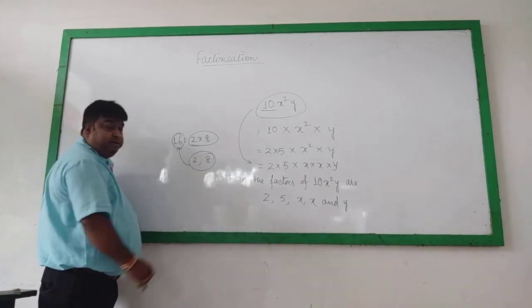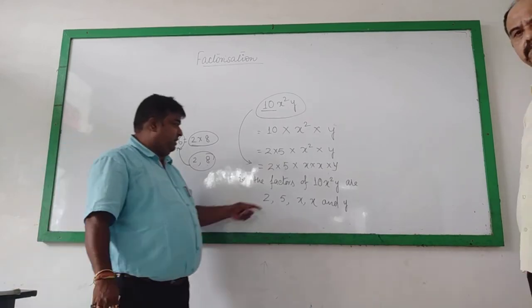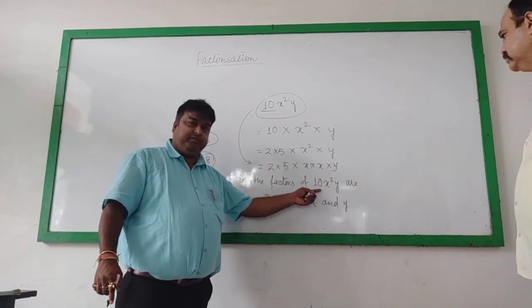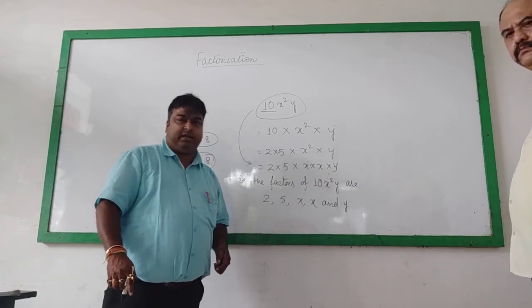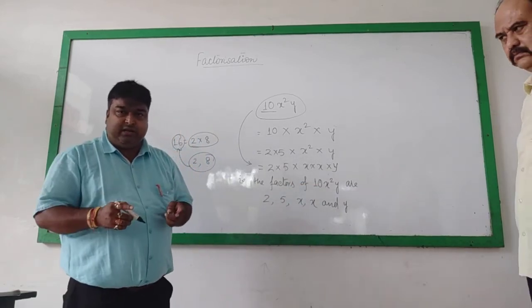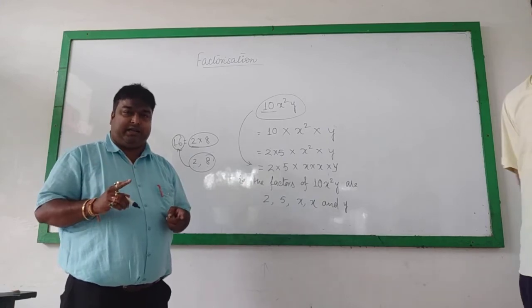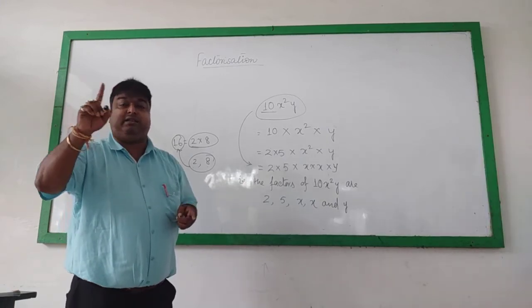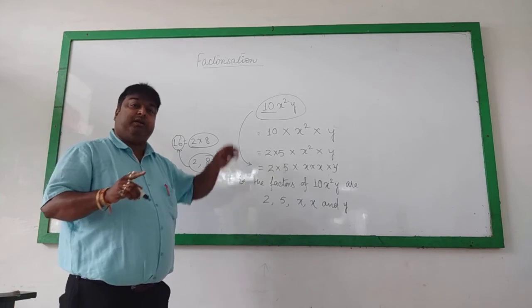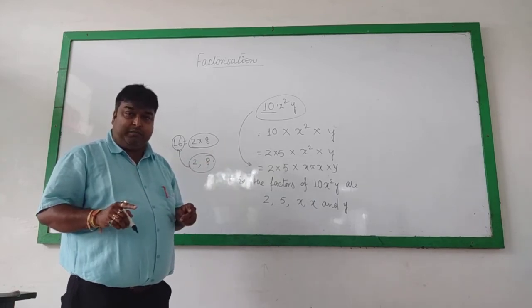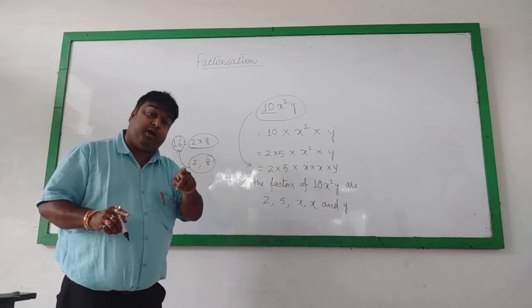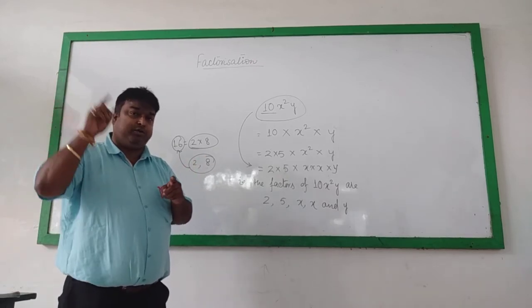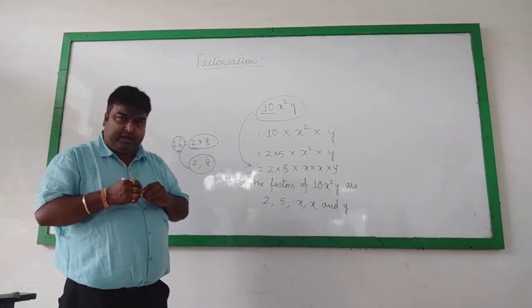Like here, 10x square y is also called the multiple of all these factors written here. So it is simultaneously existing. When you write that these are the factors of this algebraic term, then that particular term is simultaneously the multiple of each of those factors. Clear? Understand? Okay.